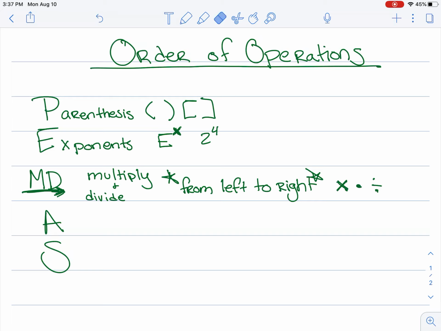Okay, I like to do the same thing with my A and S. I like to place them side by side. This is for addition and subtraction.